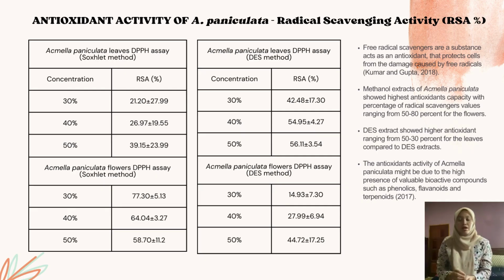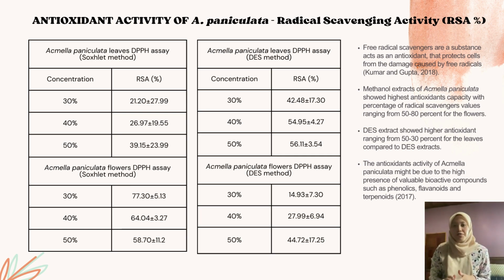From the table in the results section, you can see the difference between the methanolic extract and the DES extract. The methanol extract of the flower and leaf plant parts showed the highest antioxidant capacity, with a radical scavenging activity percentage for the flower of 50 to 80%, and for the leaf of 20 to 40%, compared to the DES extract.